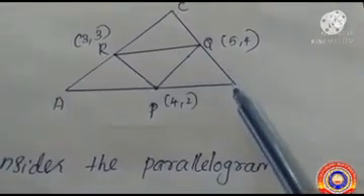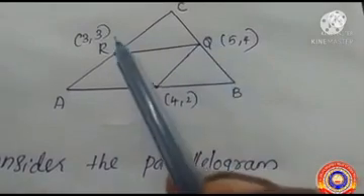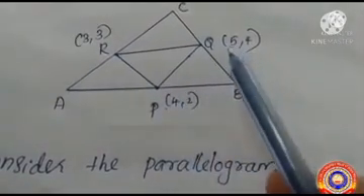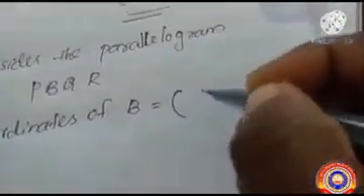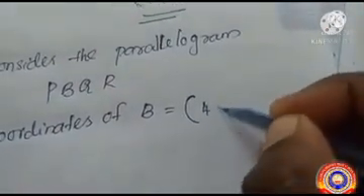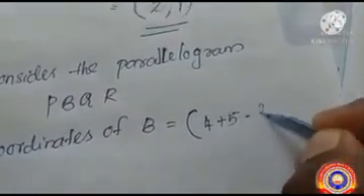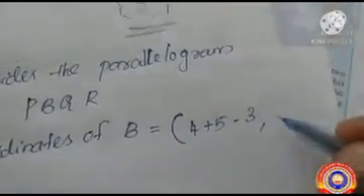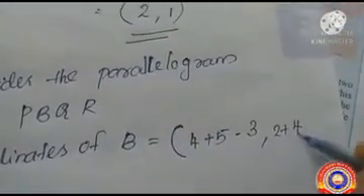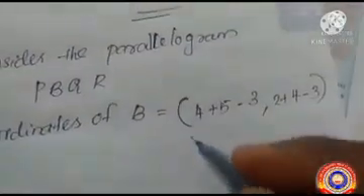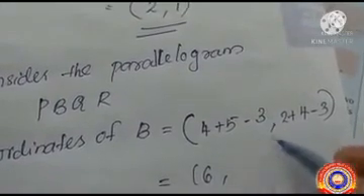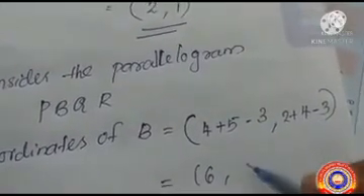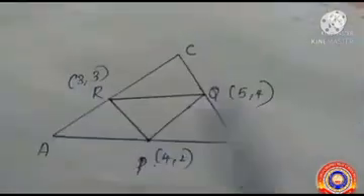Here we have to find the coordinates of the fourth vertex B by using the coordinates of P, Q and R. So the coordinates of B is equal to (4 + 5 - 3), (2 + 4 - 3), and it is equal to (6, 3). The coordinates of B equal to (6, 3).